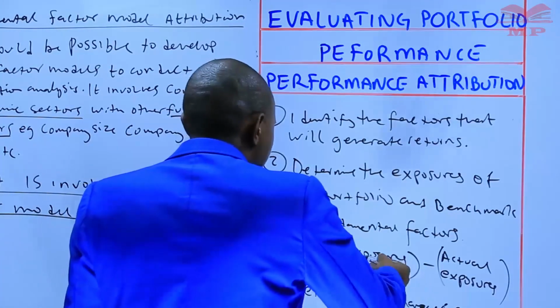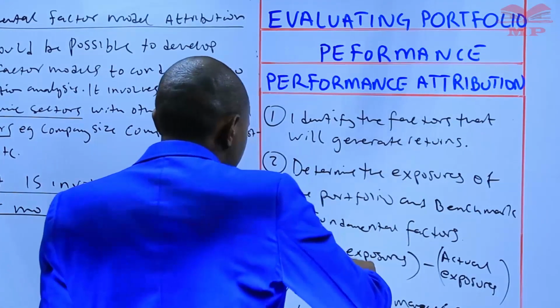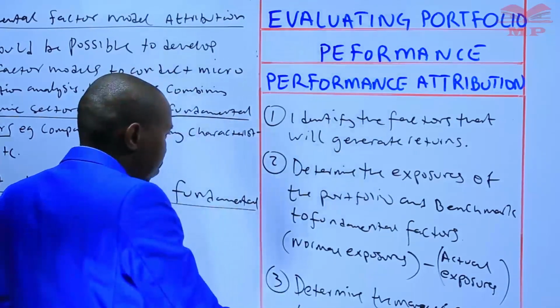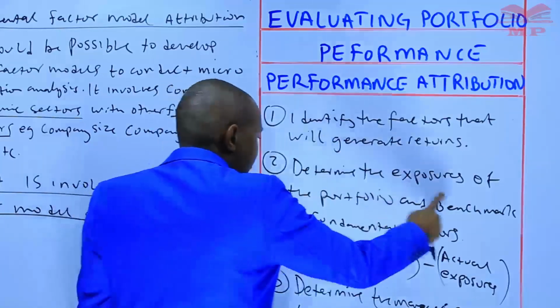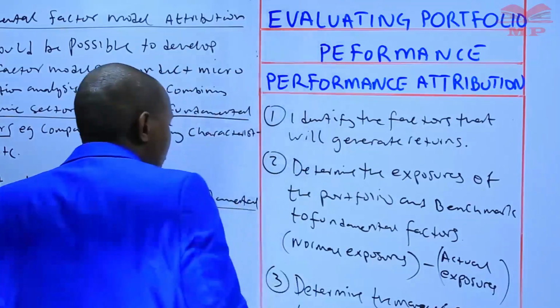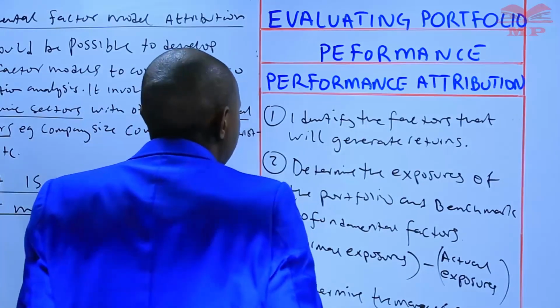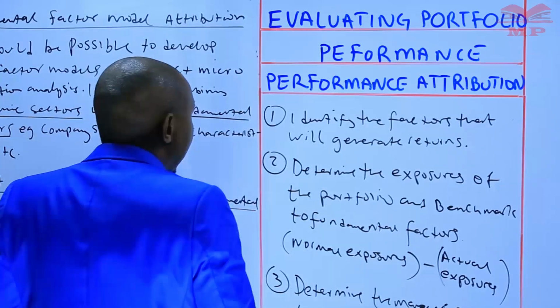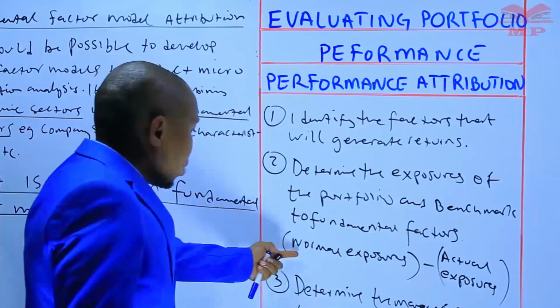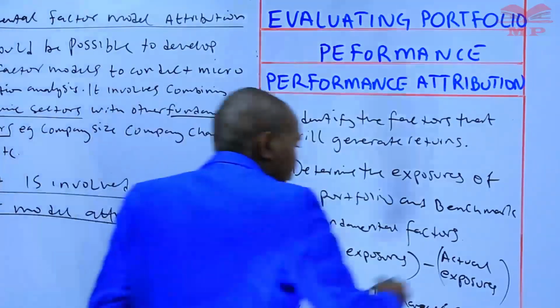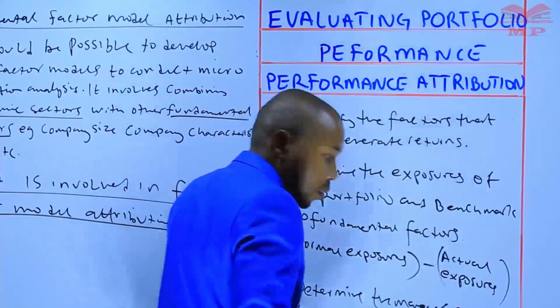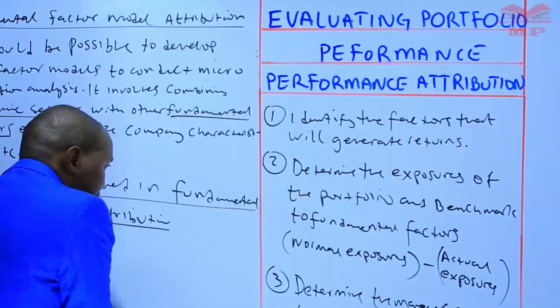Rather, what I've done is that I've just interchanged them, pardon me. So under step 2, we determine the exposures of the portfolio and the benchmark to fundamental factors at the start. This should be at the start, and then this one comes right over here. So we just have to swap this slightly, guys.